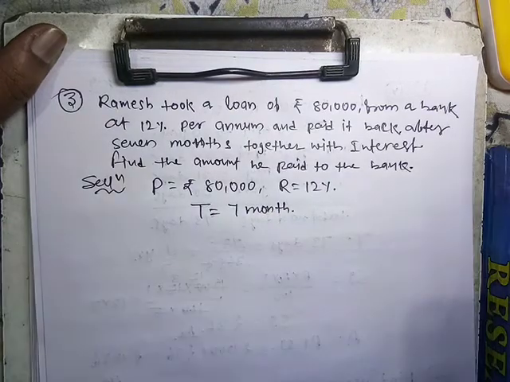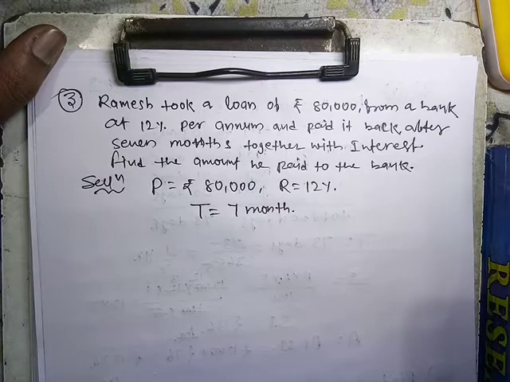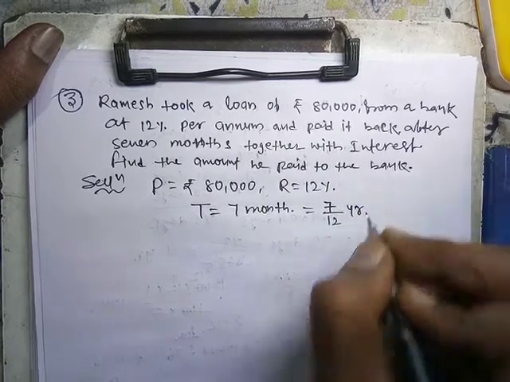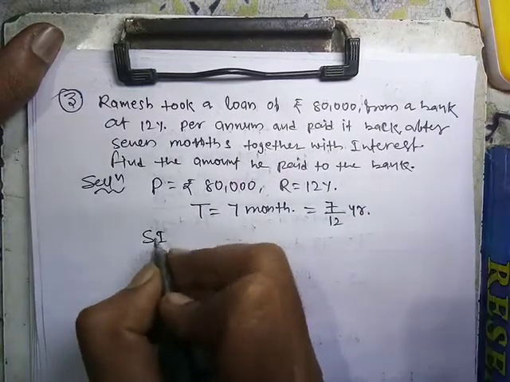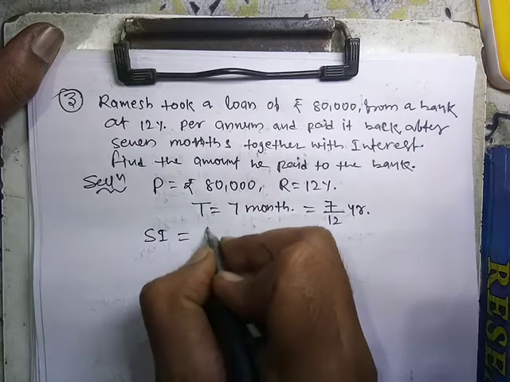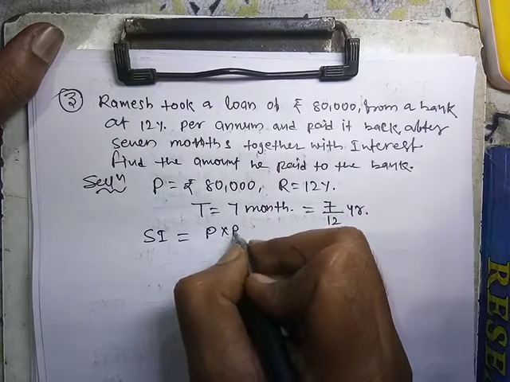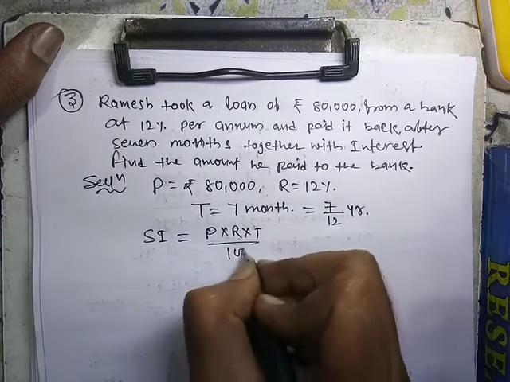Here time is given in months, so first you have to convert it into years by dividing by 12. So we write 7 by 12 year. Now you have to find simple interest. We use the formula P into R into T by 100.